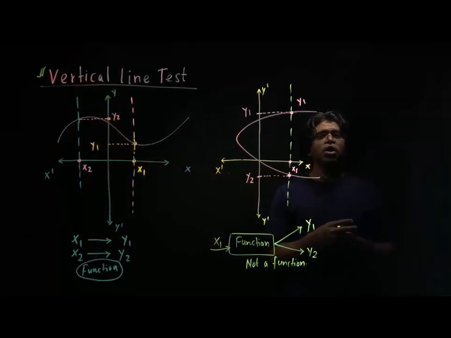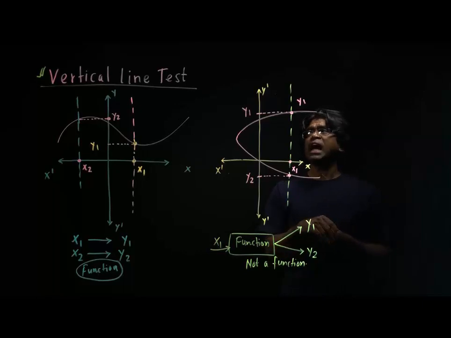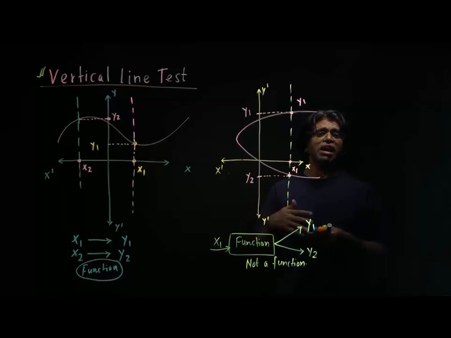This is how we use the vertical line test to find out, if the graph is given, whether the given relation or the graph is a function or not.